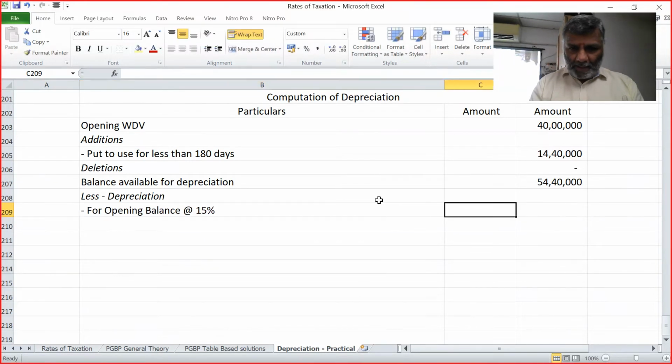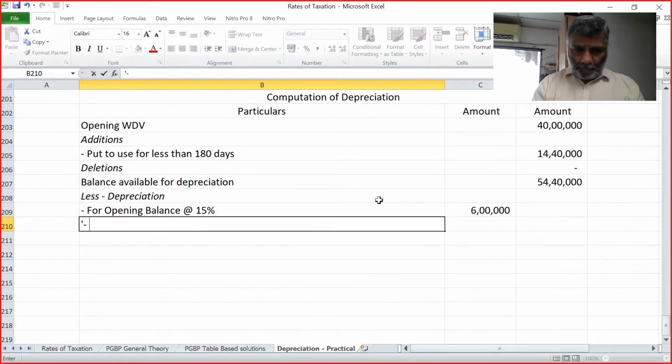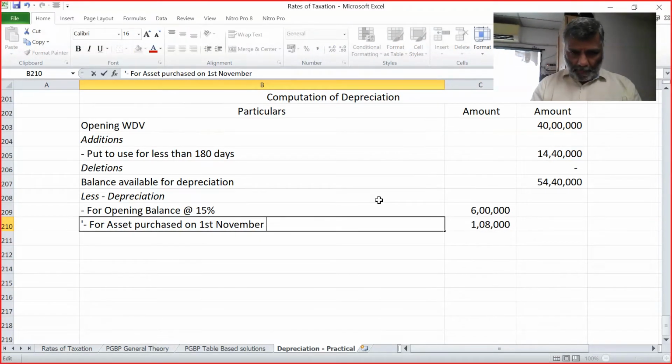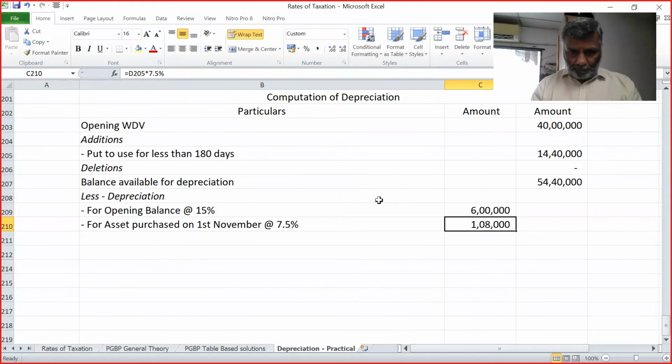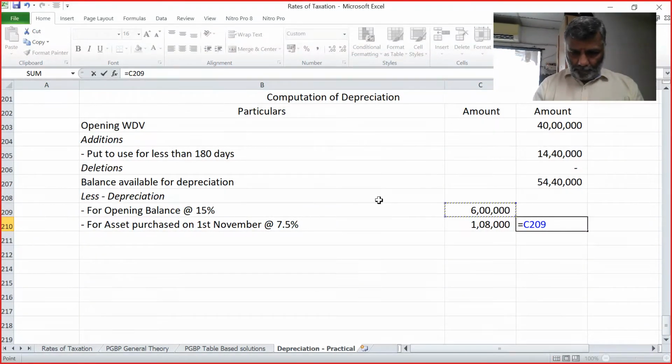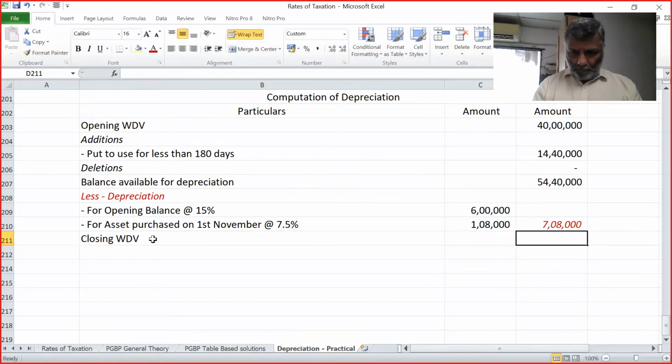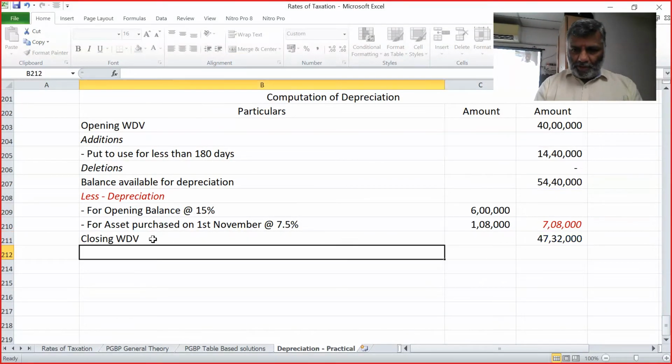For opening balance at 15%, for the asset purchased on 1st November at 7.5%. I have a reason for this, so follow this method.